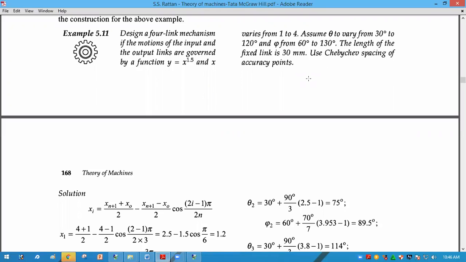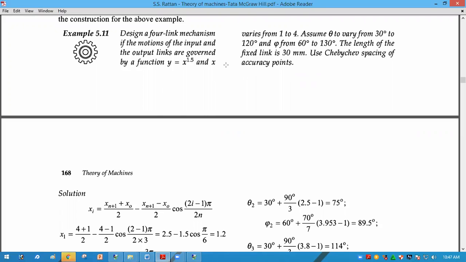So this is the problem on Chebyshev spacing and Freudenstein equation. Okay, so in this problem we are going to find out the three precision positions, or whatever precision positions they have asked us to find, as well as we are going to construct the four link mechanism. So design a four link mechanism.